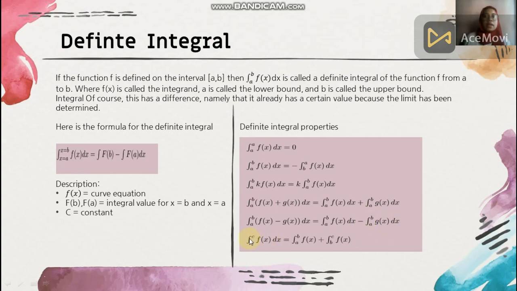And last, the integral from a to c of f(x) is equal to the integral from a to b of f(x) plus the integral from b to c of f(x).